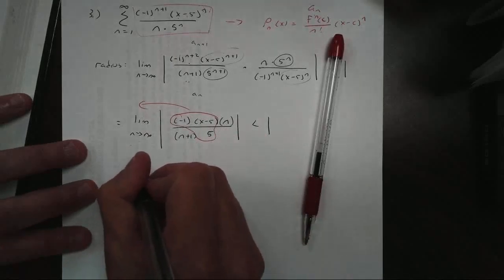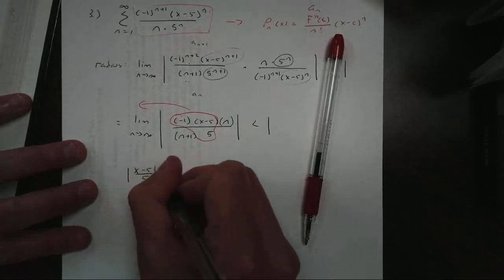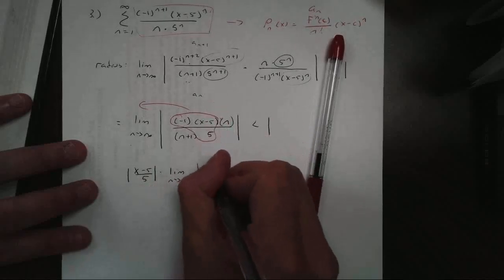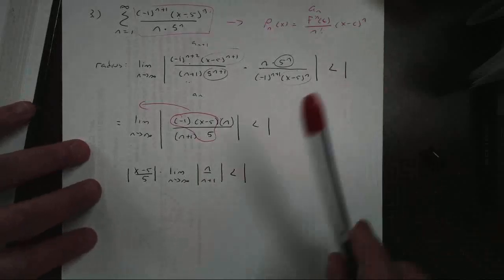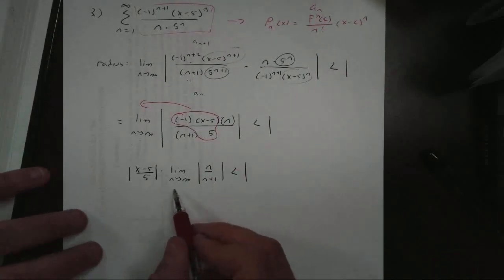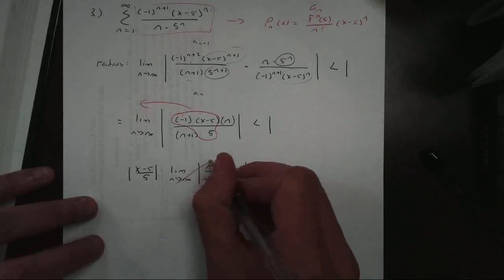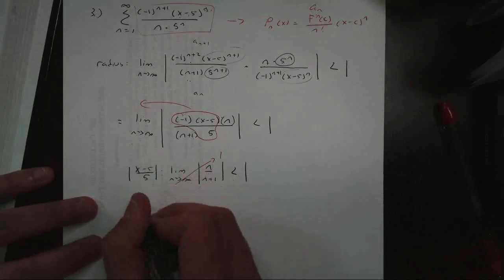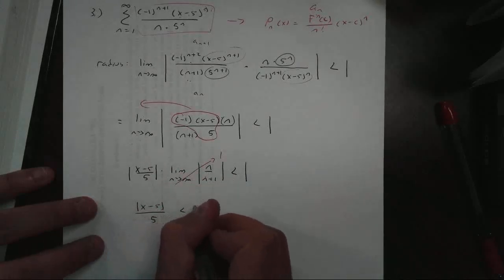So I'm left with the absolute value of x minus 5 over 5 times the limit as n goes to infinity of n over n plus 1, which has to be less than 1. We didn't see one of these in part 1, did we? If I let this limit go to infinity, this whole term just becomes 1. And what that leaves me with is the absolute value of x minus 5 over 5 is less than 1.